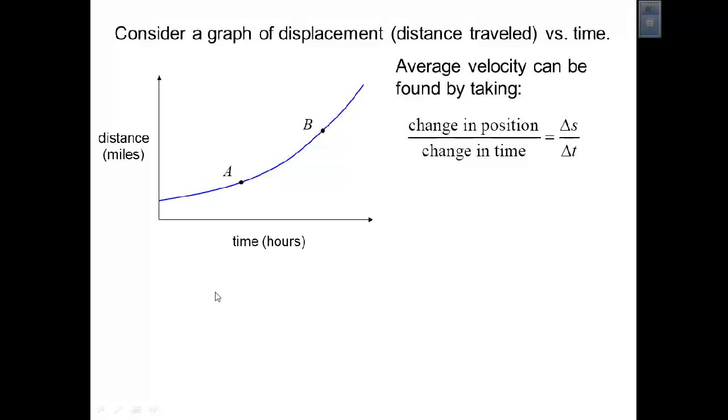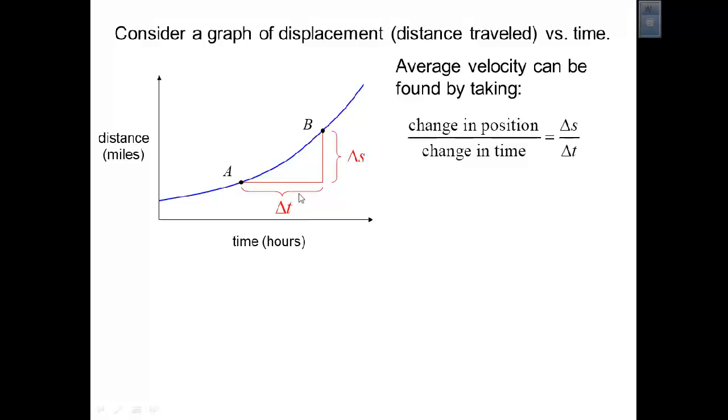The average velocity can be found by taking the change in position over the change in time. Well, that probably looks familiar because it's the slope, the change in distance over the change in time, x. So that means it's going to be the slope of this thing. Your change in position is delta s.